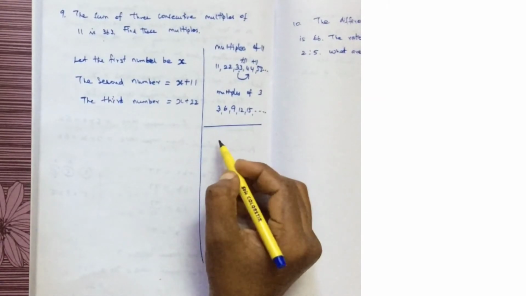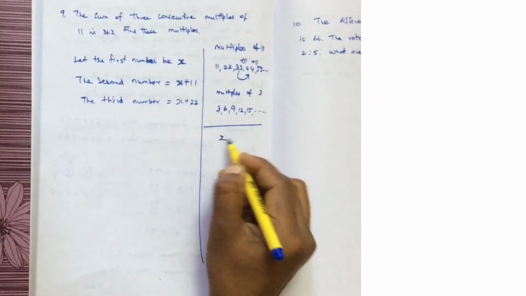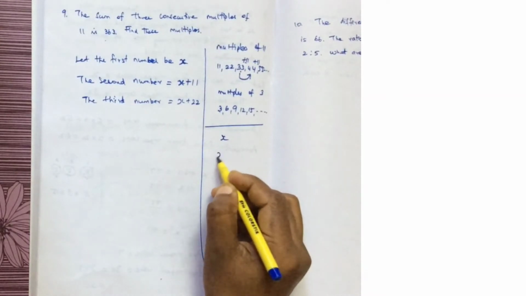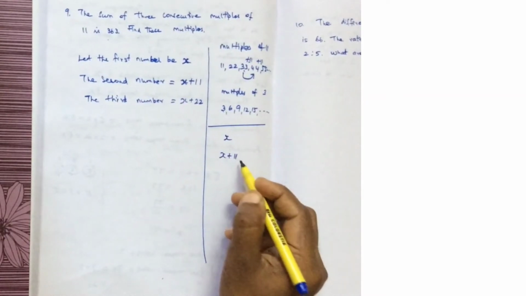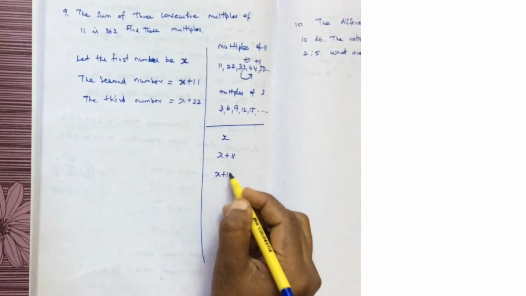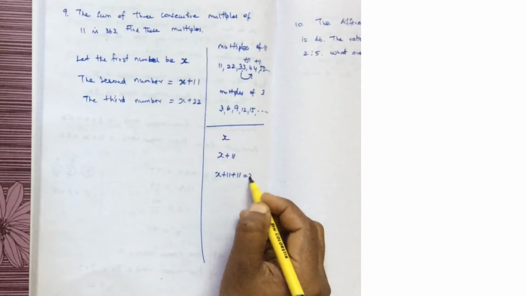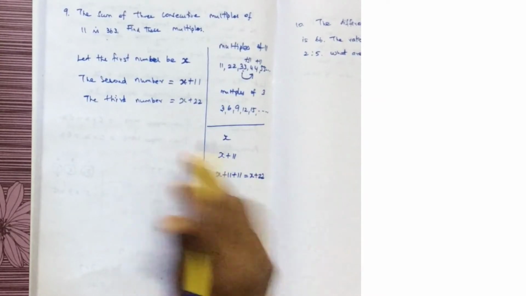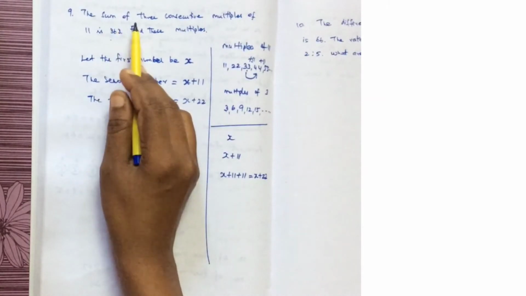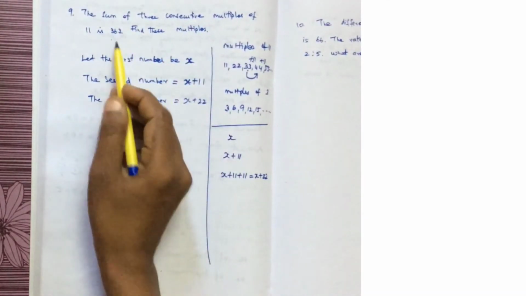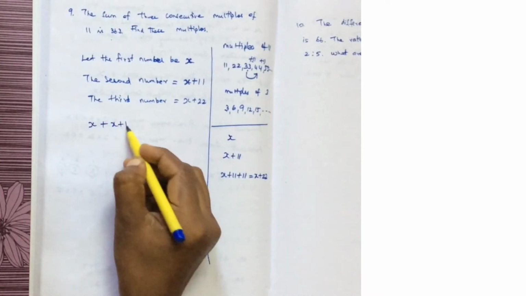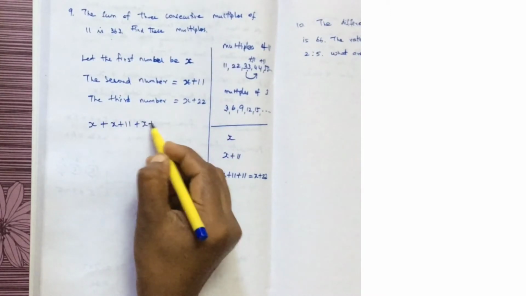Now you see here, if the first number is x, for the second number you add 11, so it is x plus 11. To get the third number, you add another 11, so x plus 11 plus 11, that is x plus 22. Okay, the sum of these 3 numbers is 363: x plus x plus 11 plus x plus 22.